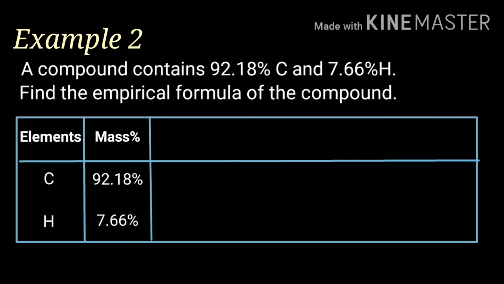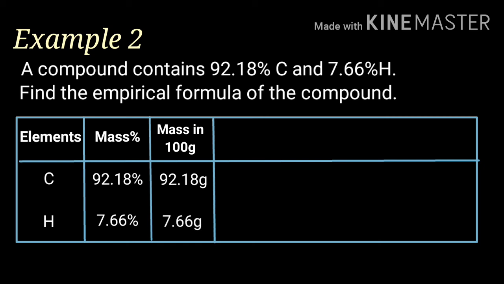From the mass percentages, we can write the mass of carbon and hydrogen present in 100 gram of the compound as 92.18 gram and 7.66 gram respectively.